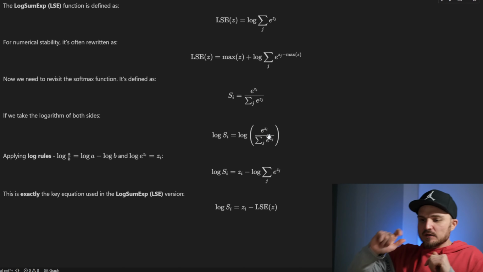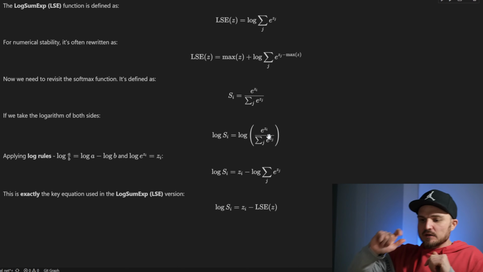It means that we leave only the zi term, because the natural logarithm of e to the power zi equals zi, minus the log of the sum of all of the exponent terms. And this is exactly the key equation that is used in the log-sum-exp version. It's right over here.